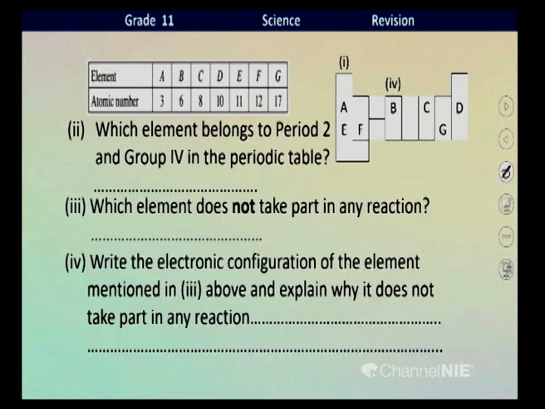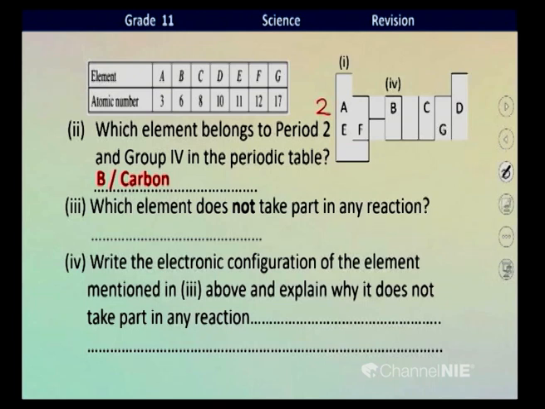Next. Which element belongs to period 2 and group 4? Here in this periodic table, children, this is period 2. Group 4 is this. Then what is the answer? B. B is the answer. Real element is carbon. Which element does not take part in any reaction?